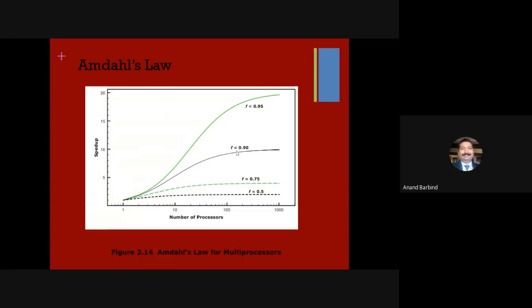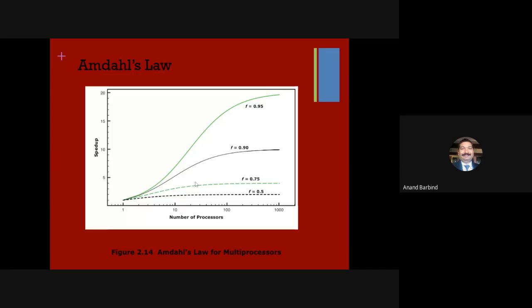For this particular curve, 90% of the program can be executed in parallel, whereas only 10% should be executed serially. Whereas f equal to 0.75 indicates that only 75% of the program can be executed in parallel, and 25% has to be executed serially.